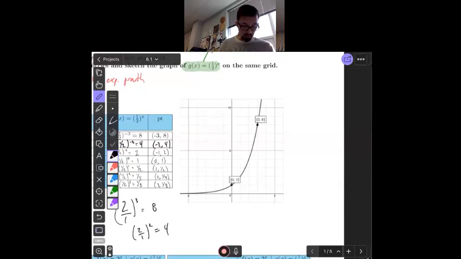So if I plot those points: -3, 8; -2, 4; -1, 2; 0, 1 again; 1, 1/2. The 4th and the 8th are very difficult to plot there, but they're somewhere down there right next to the x-axis. You want to draw a nice smooth curve through them.